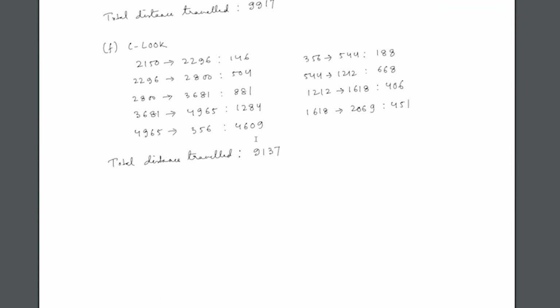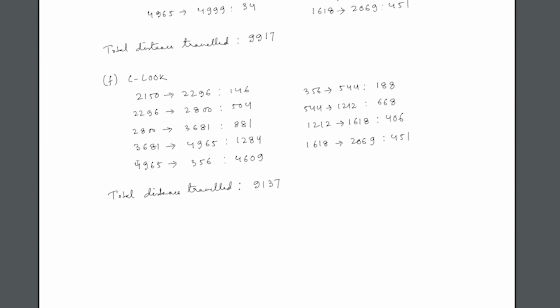But in C-LOOK, what is going to happen? They will go to 4965, which is the last request on the rightmost side, and they are immediately going to go to 356. They will not go to 0, because going back to 0 is the job of SCAN. LOOK is a little clever. And when you put the C, it means that while going back in the other direction, these requests will not be taken care of.